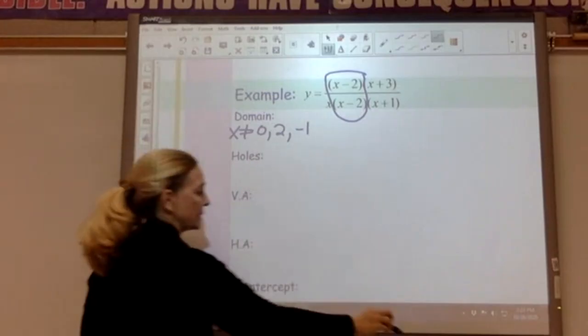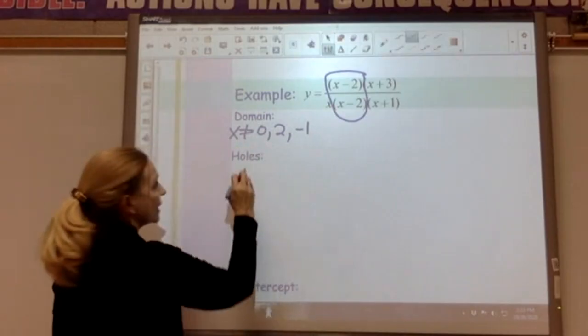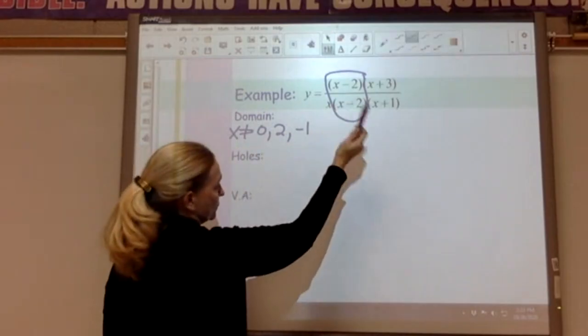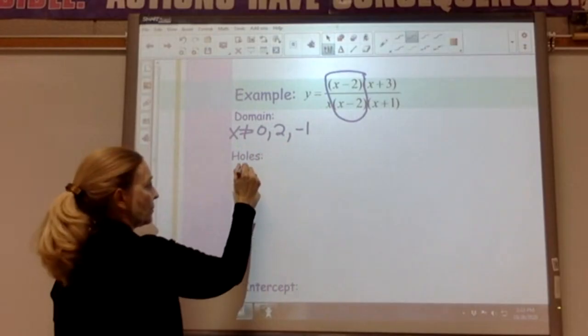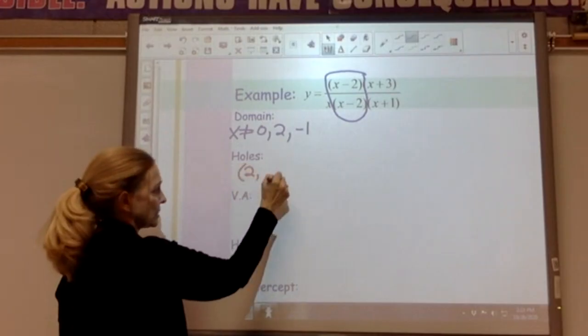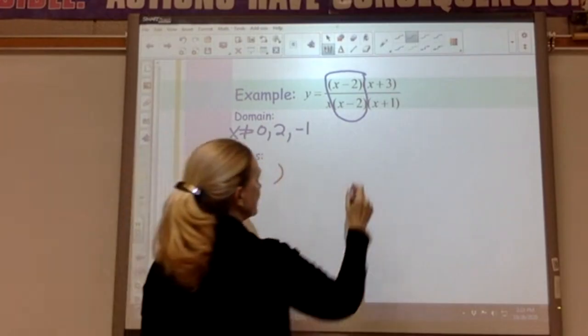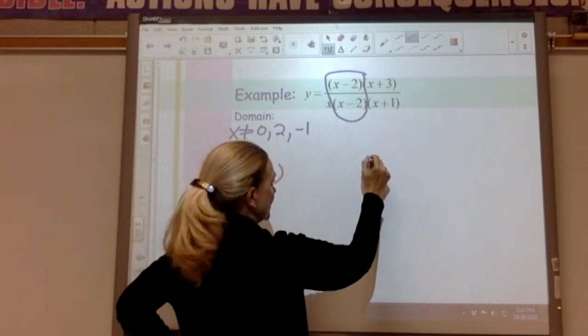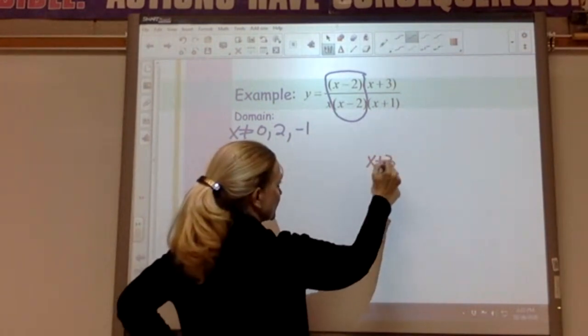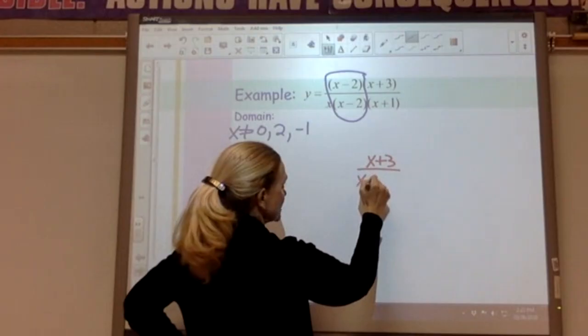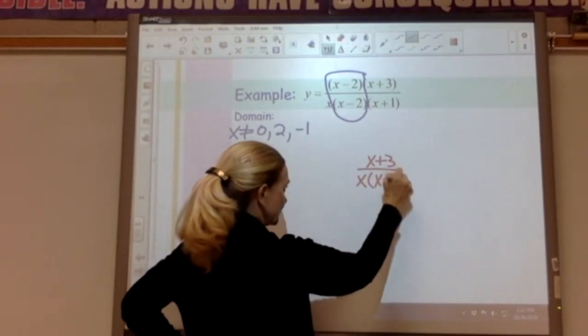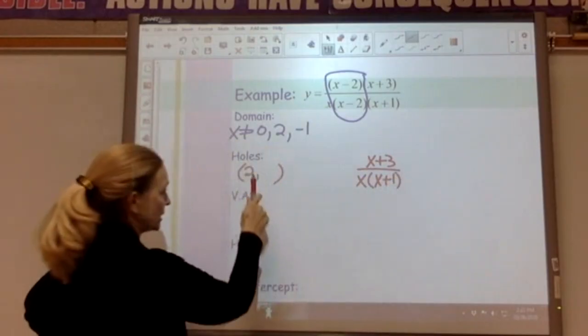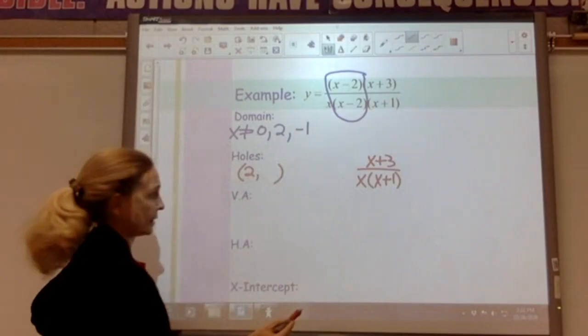Now the hole, when I set x minus 2 equals 0, I get 2. So I know that my hole is going to be 2. All right. My reduced fraction is going to be x plus 3 over x times x plus 1. Okay. So now I take 2 and I plug it in for x to see what I get.